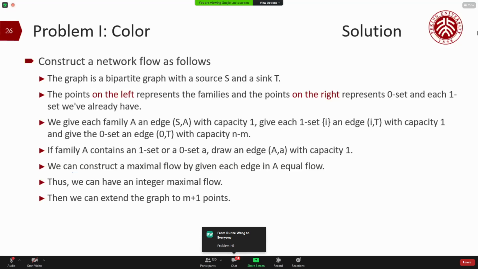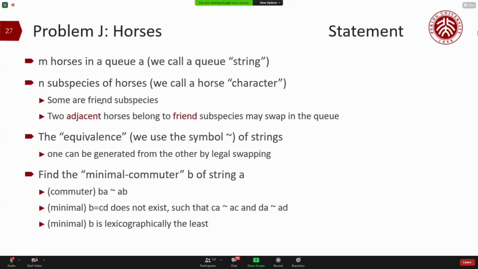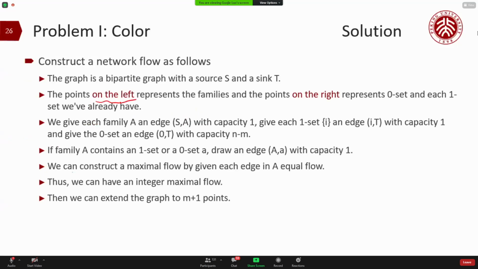We construct a bipartite graph with a source S and a sink T, and this bipartite graph consists of two kinds of nodes. On the left-hand side it represents a family. The family means the colors. On the left-hand side are the colors.